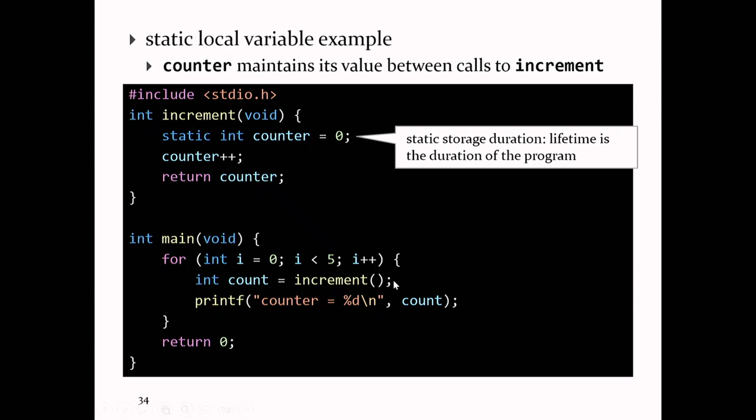So the first time I call increment in this loop, it's going to print out counter equals 1. That value of 1 is maintained between calls to the function, because it has static storage duration. So the next time you call the function, counter is now 1.